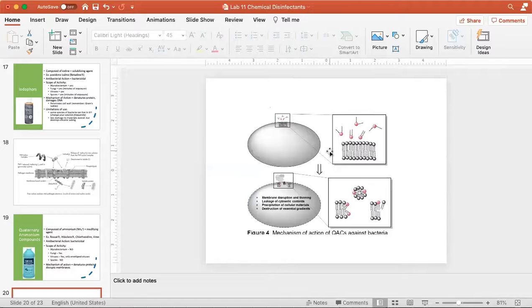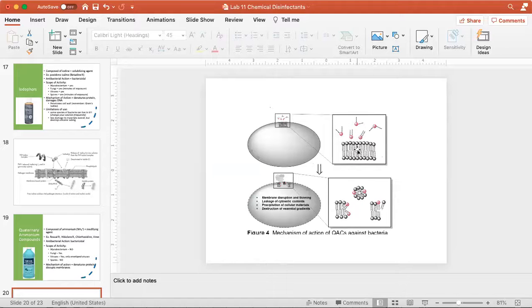On this slide, you're looking at a drawing of a bacterial cell right here. And what the artist has done is taken a little piece of the membrane right here and blown it up for us to look at. This is that little piece of membrane. Here's the heads and the tails and the heads. And then out here, the red circles that you see are those ammonium ions.